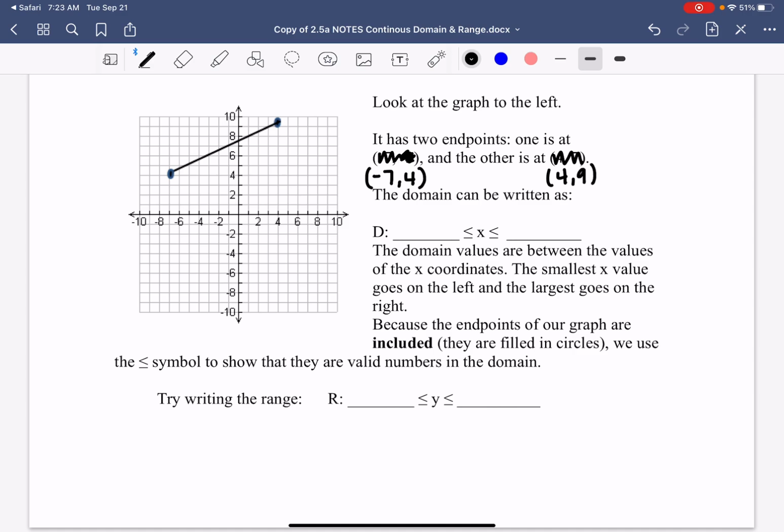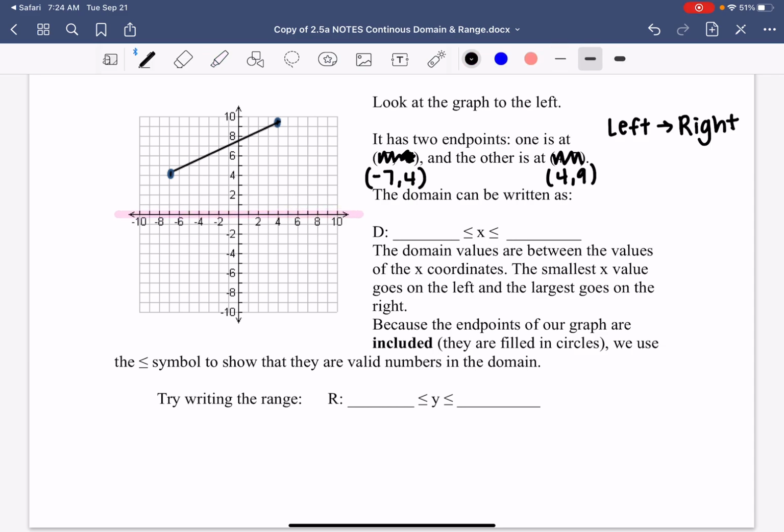Okay, when the domain can be written, remember, we talked about this in our last video when it comes to discrete. When we're on a graph, it is left to right when we're talking about domain, and it's based off of the x-axis. So remember, our x-axis is this one right here.